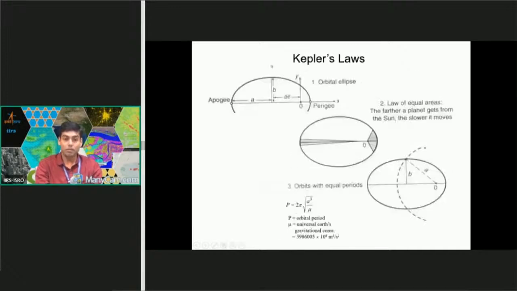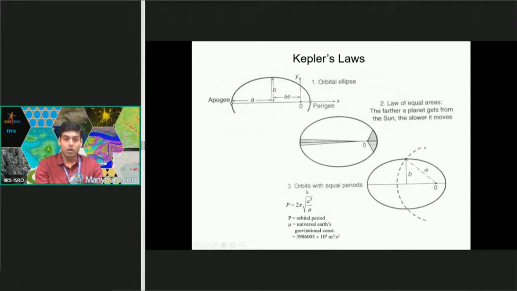Here's a schematic diagram which clarifies the three laws. The first law gives the orbital ellipse, so it always forms an ellipse. It will have a perigee and apogee. The closest point to the planet is the perigee, and the farthest point is the apogee. The second law states the law of equal areas.